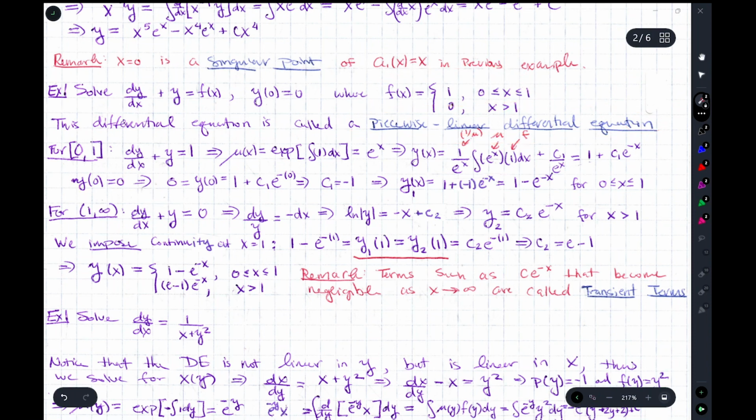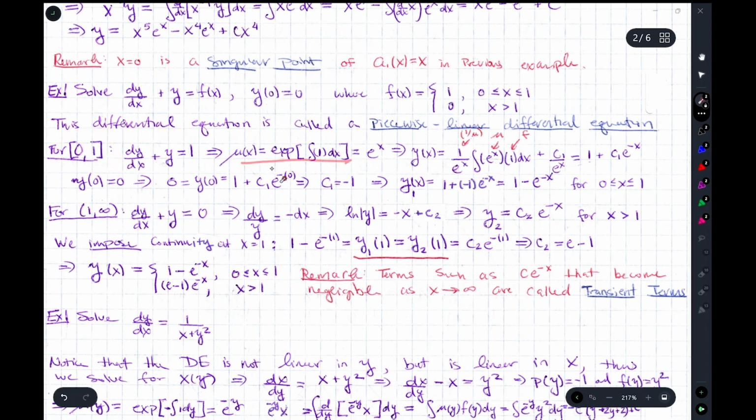And so we break this up into intervals. First we look at 0 to 1, where f of x is equal to 1. And so we'll end up with the differential equation here for this interval.